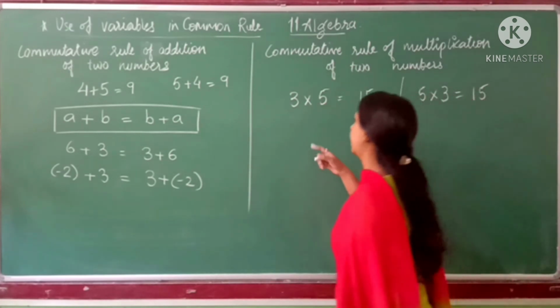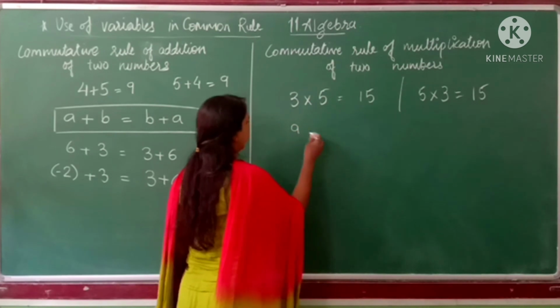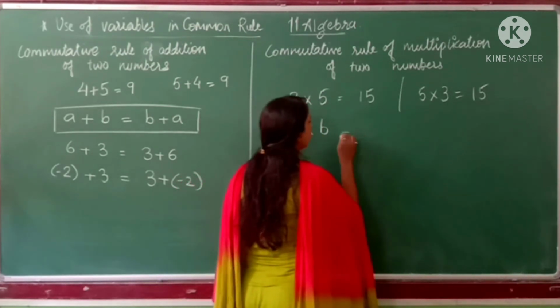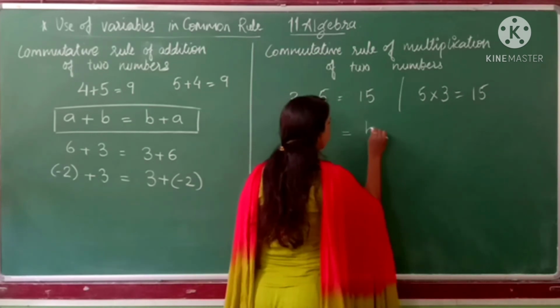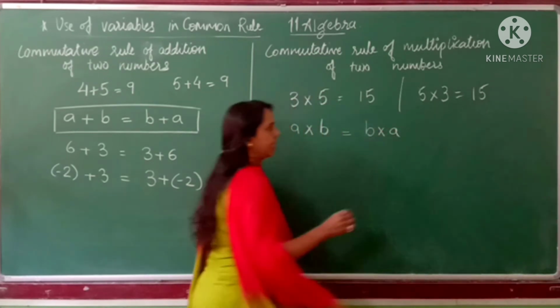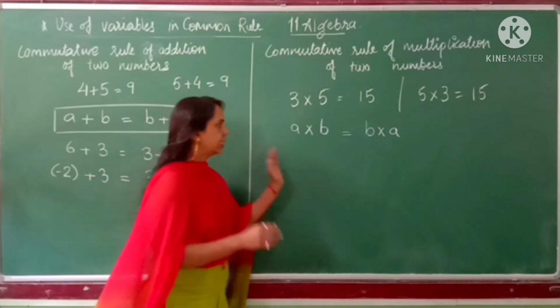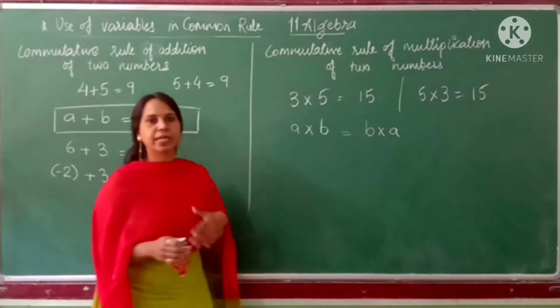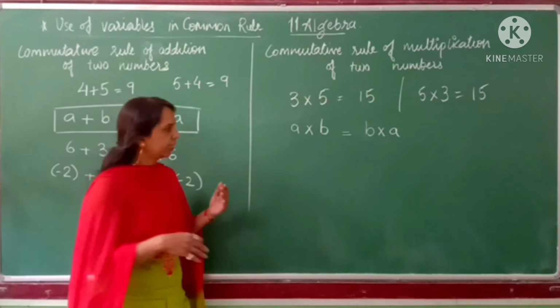So if we take 3 as a variable a and 5 as b, we can write that a into b is equal to b into a. This property is true for whole numbers, natural numbers, and even for integers.